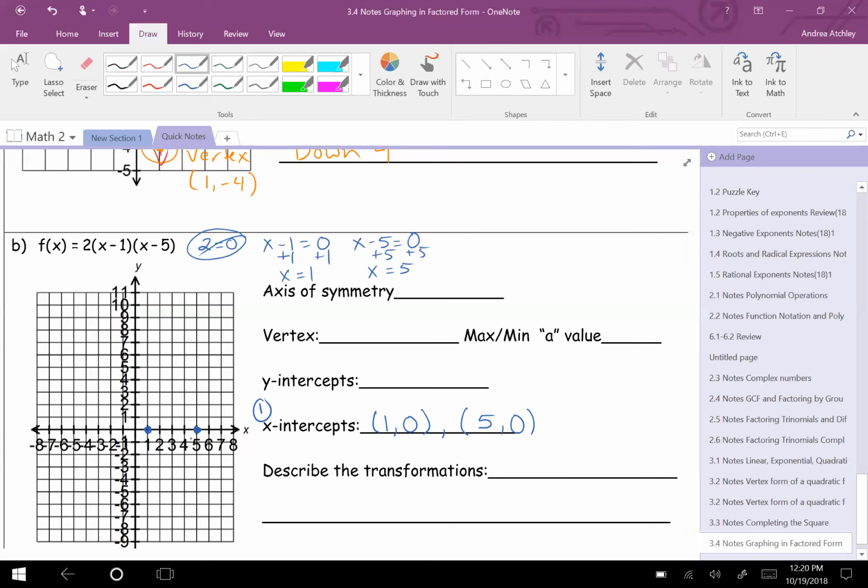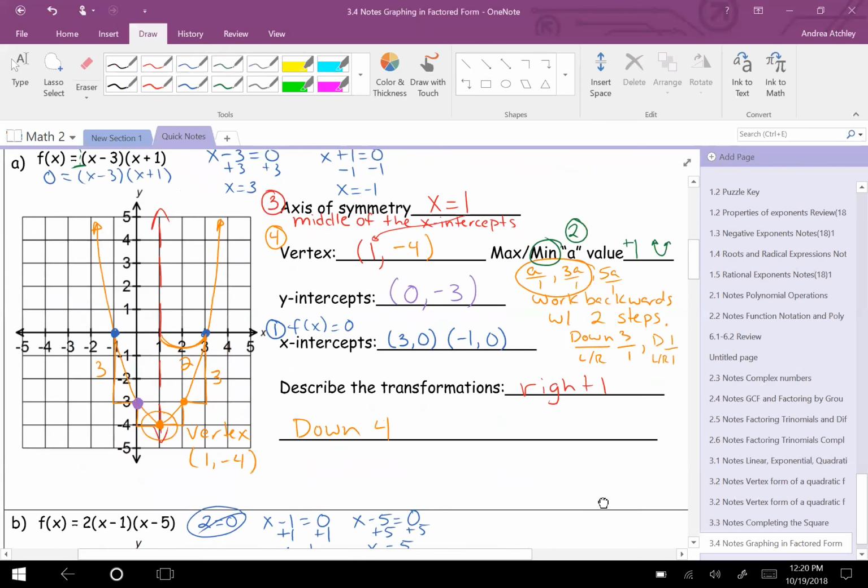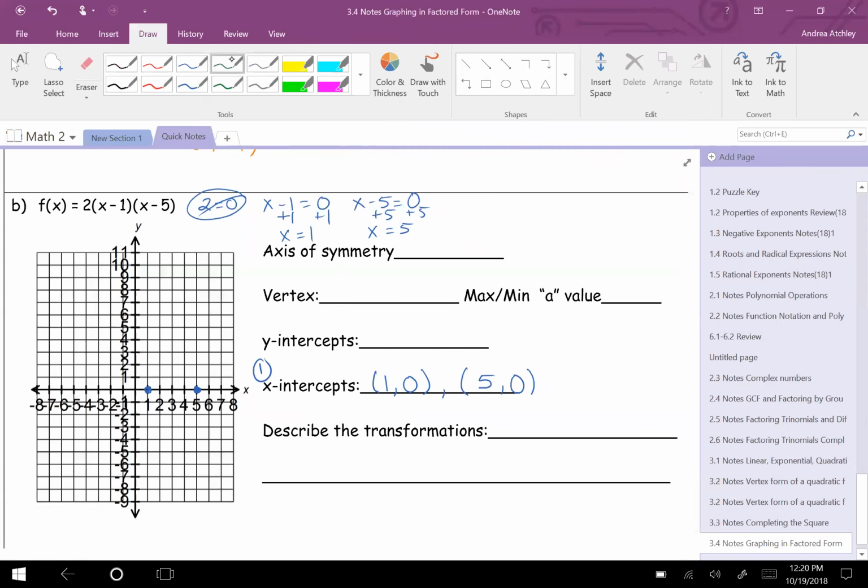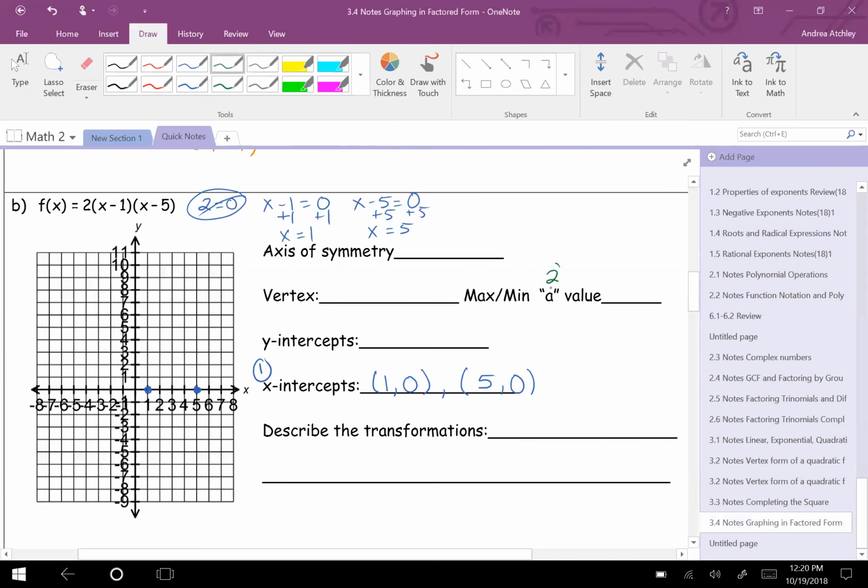Okay, step 2 then is my a value. What do you guys think the a value is? Very good. My number in front here is 2. It is a positive 2.